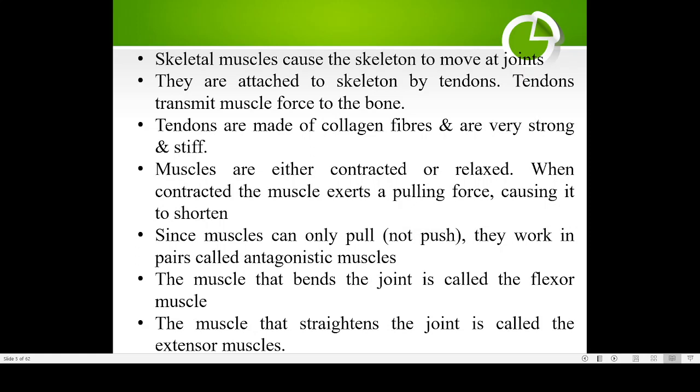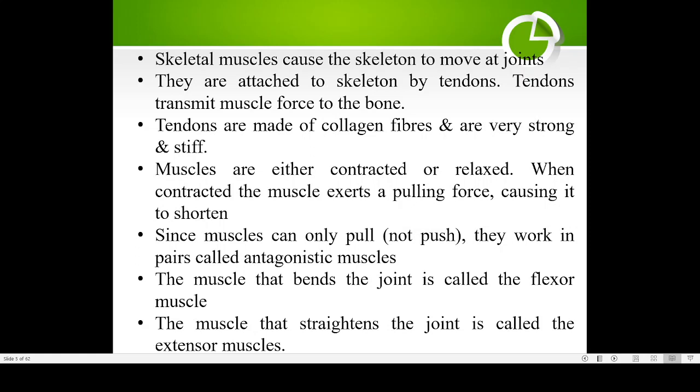It is just like a rubber band. Either the rubber band is in a relaxed state, or when we are pulling it, we are stretching it. Just like that, a muscle can remain either in contraction or in relaxation. When contracted, muscles exert a pulling force. For example, if the muscle here is contracting, it is pulling this arm to fold up like this.